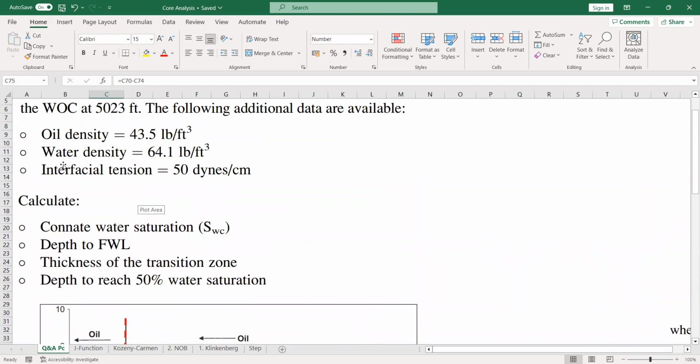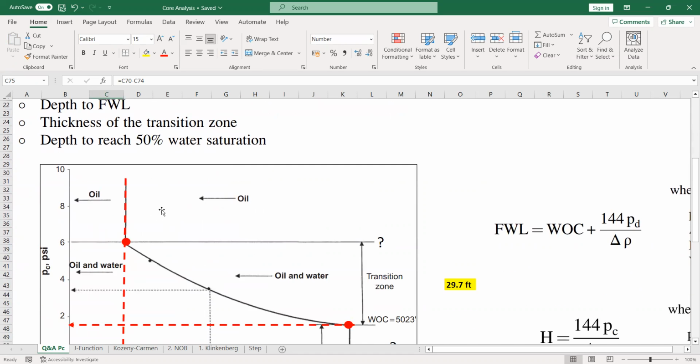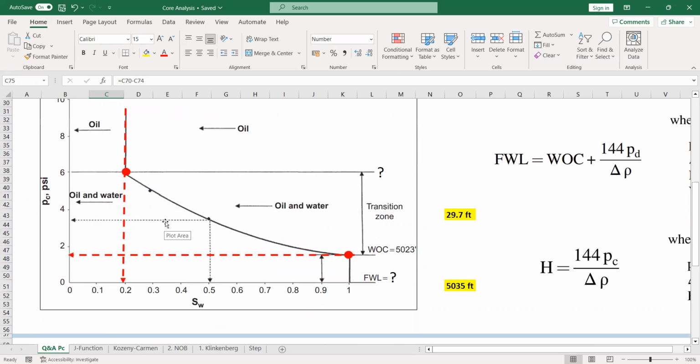Now, by the available data that we have, we can calculate the connate water saturation. We know the depth to free water level, the thickness of the transition zone, as well as the depth to reach 50% water saturation. And just lastly, look at this capillary pressure curve. Above this location, actually we have the capillary pressure, but of course you can convert it to depth.